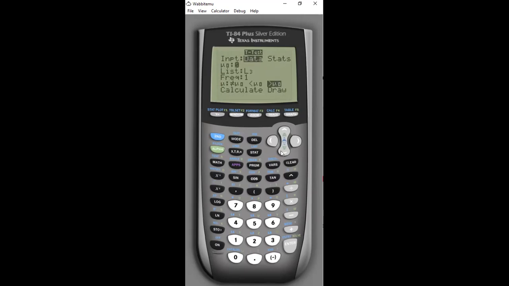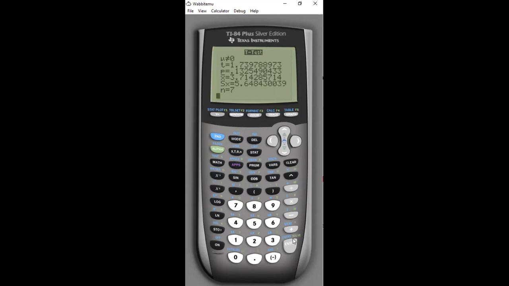So the list here, if you don't have the list here, you want to clear that out, and then you say, I'm going to use the list number 3. So you do a second L3 here, then leave the frequencies here. And because our hypothesis is mu D is not equal to 0, you put it in here, then you do a calculate.